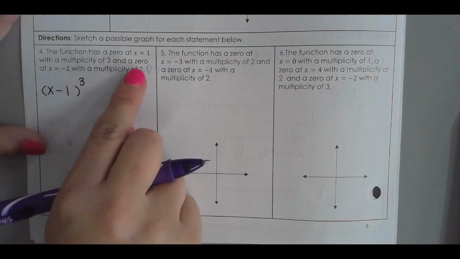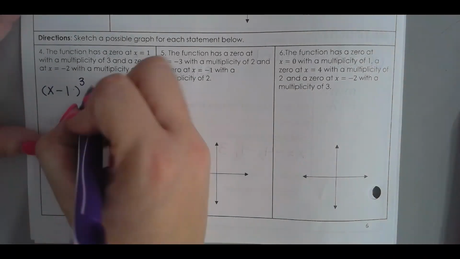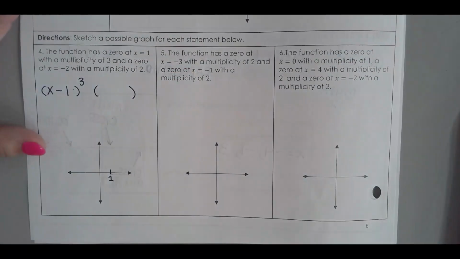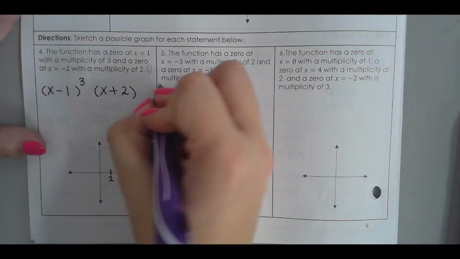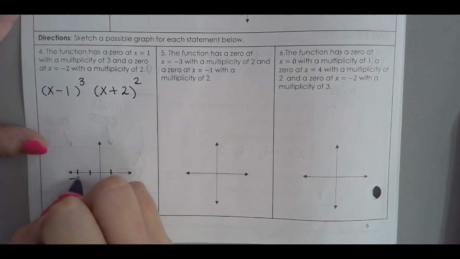And this function has a 0 or an x-intercept at x equals negative 2. What does that factor look like? X plus 2 with a multiplicity of 2. So there's negative 2.